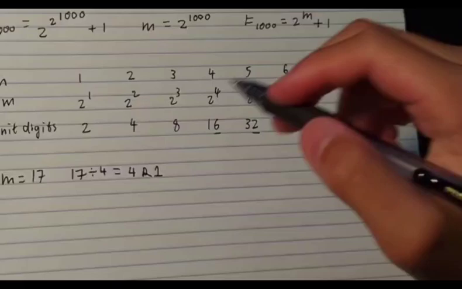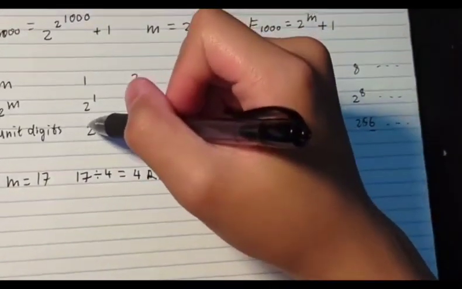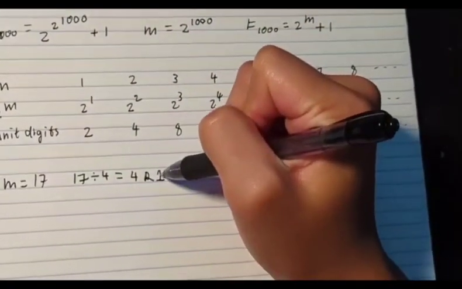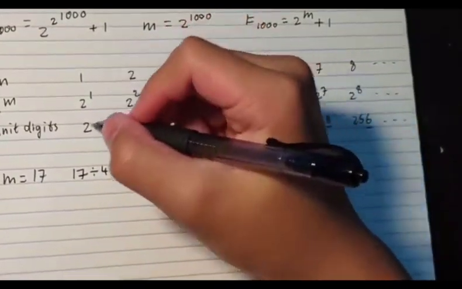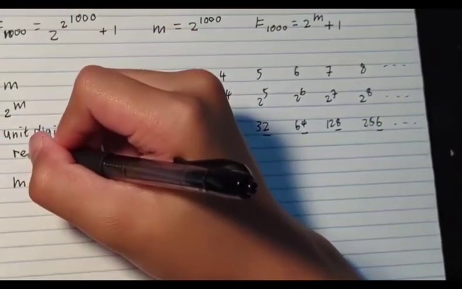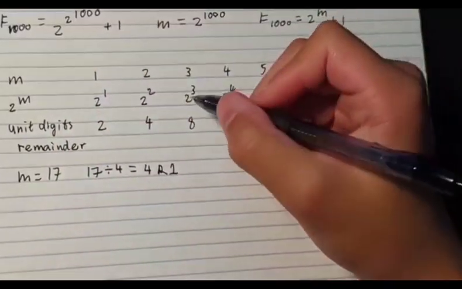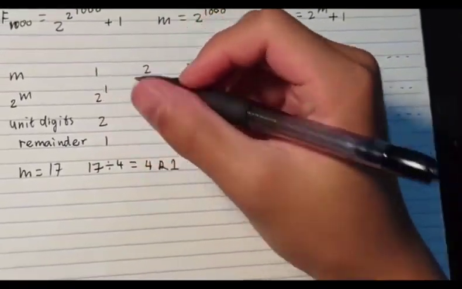So that means there's 4 groups of this, and then there's 1 left over right here. So we have to look at the remainder, which is 1, so that means it's 2. So we can add another column here, remainder. So that means when the remainder is 1, the unit digit is 2, the first one.